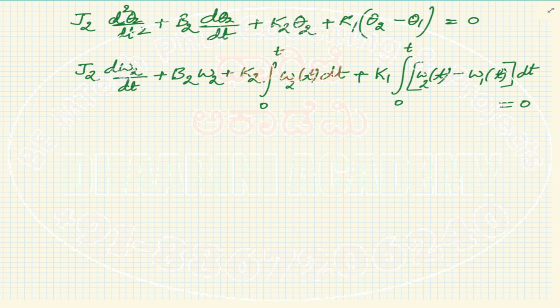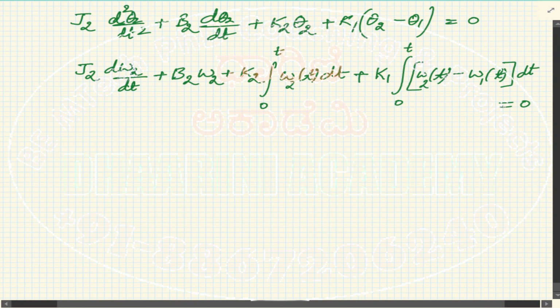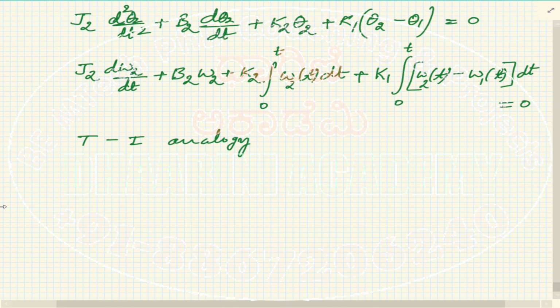Once we have this, now I think we can directly apply the torque current equation, right? So this is by applying the TI analogy to the above equation. Let's just verify once.